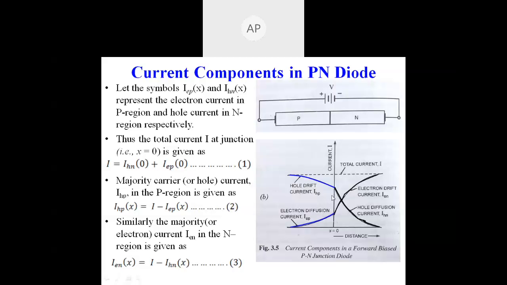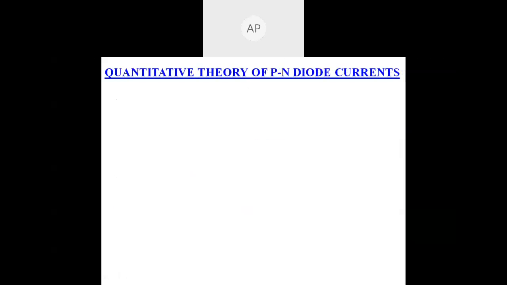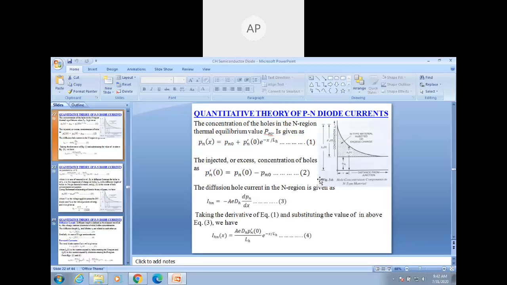For the minority carriers, we have the holes as minority carriers in the N region, and electrons as minority carriers in the P region. These electrons will combine here. The current direction will be from right to left, and the holes also from right to left. So for the majority carriers the current flows left to right, and for the minority carriers it flows from right to left.